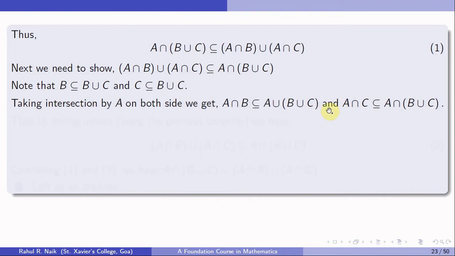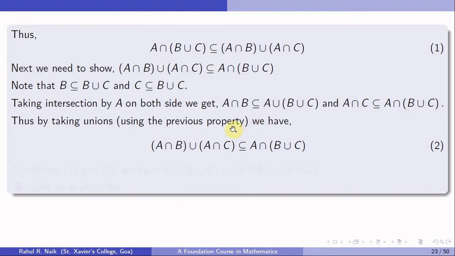So that's why we have (A intersection B) union (A intersection C) contained in A intersection (B union C). Proving this from 1 and 2, now we can say that both the sets are equal. The second one is left as an exercise.